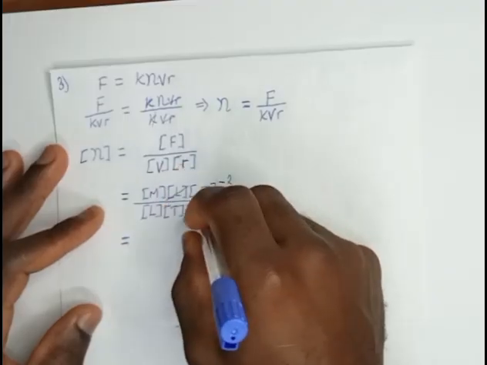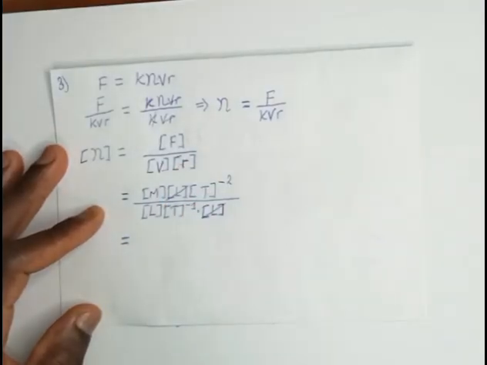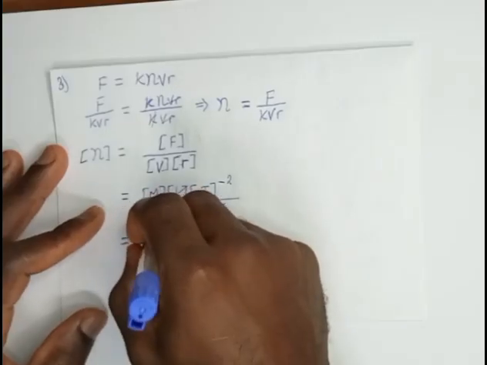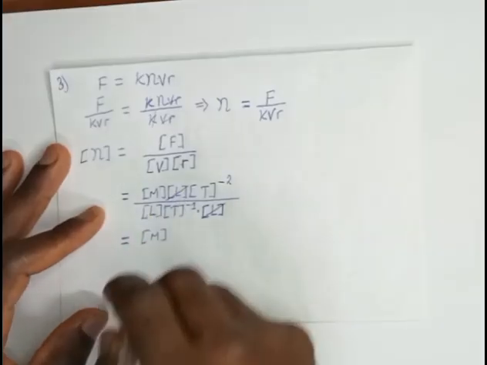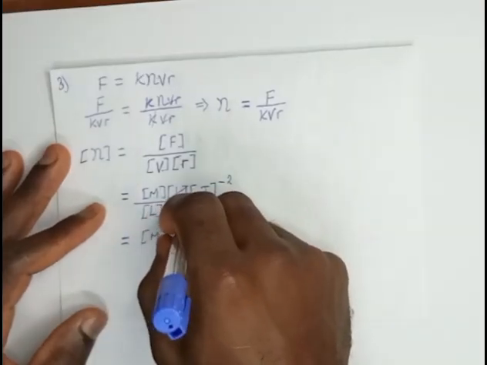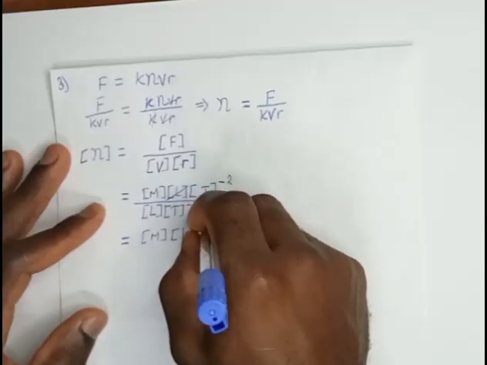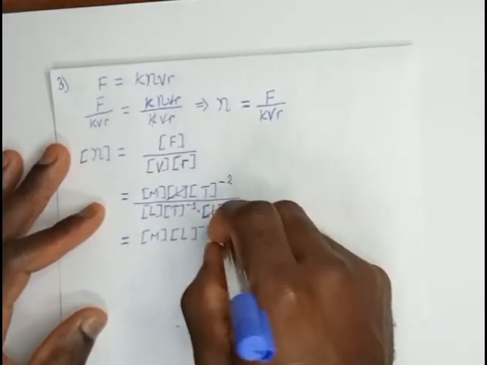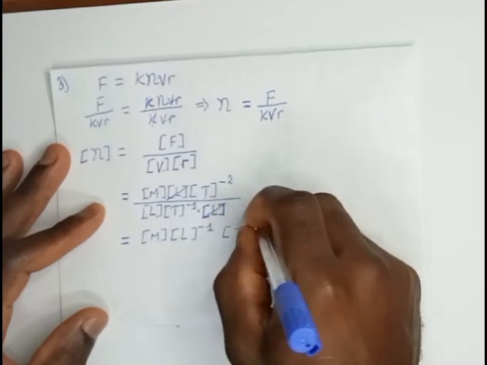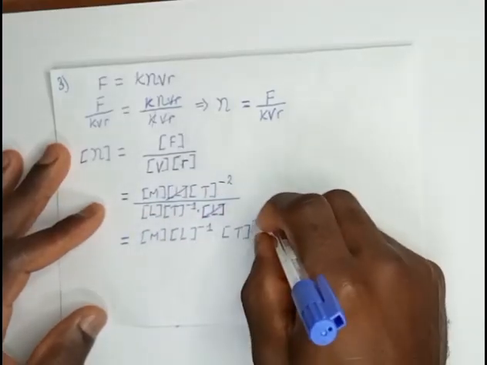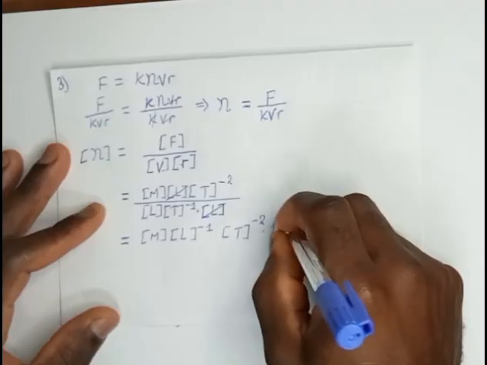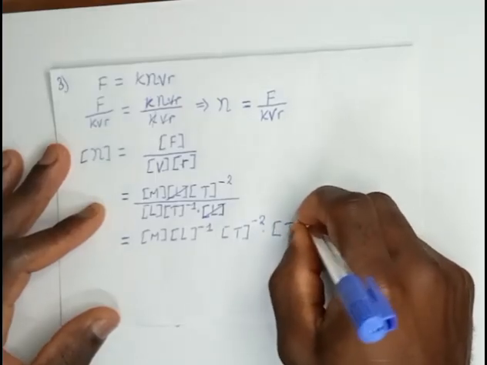This L will strike off this other L, and this will give us M times, bringing up this L, it becomes L to the power -1 times T to the power -2 times, bringing up T to the power -1, it becomes positive, times T to the power 1.